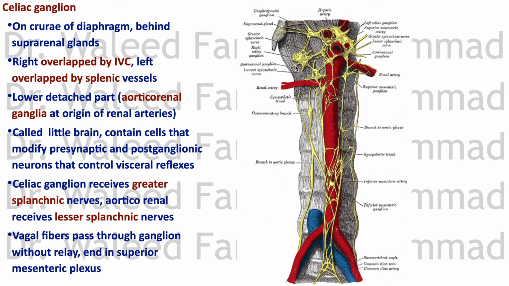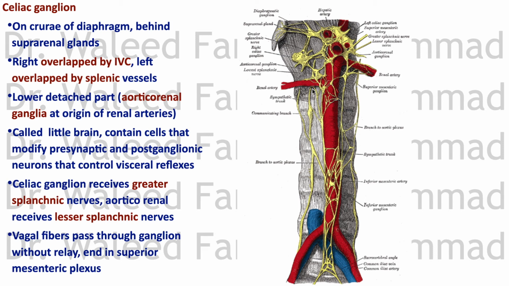The function of the ganglia is as a regulatory center for the visceral reflexes. It's called the little brain. It has to do with regulating the pre and postsynaptic levels of visceral reflexes. The celiac ganglion, remember that from the thorax it receives the greater splanchnic nerve, while the lesser splanchnic nerve goes to the aorticorenal ganglia.